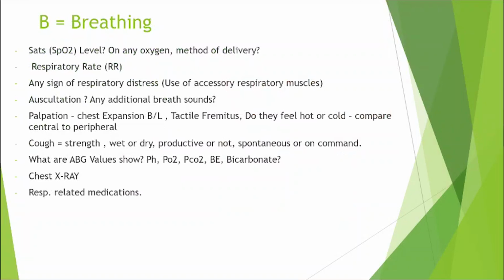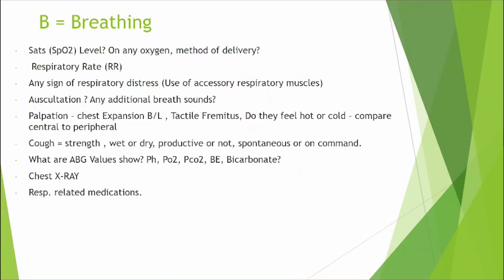So it is important. Then next is the ABG values. What's the pH score, is the patient acidotic or alkalotic, or is the patient's pH normal, which is 7.35 to 7.45? What's the oxygen, is the patient hypoxic or hyperoxemic?